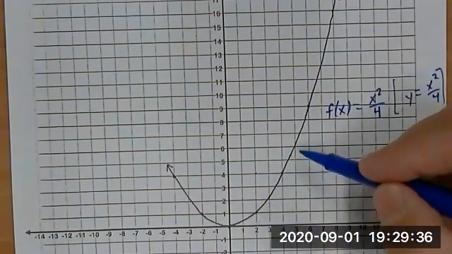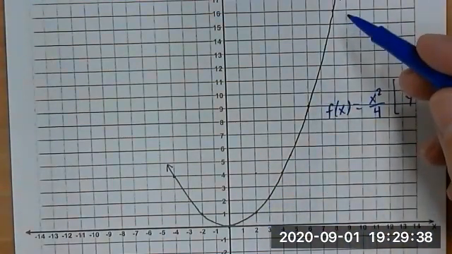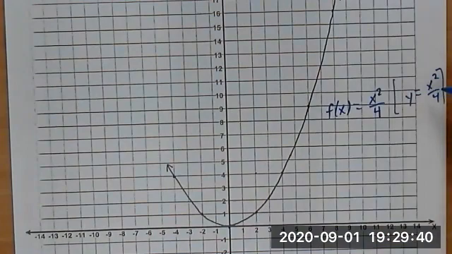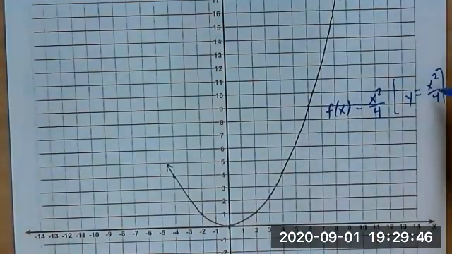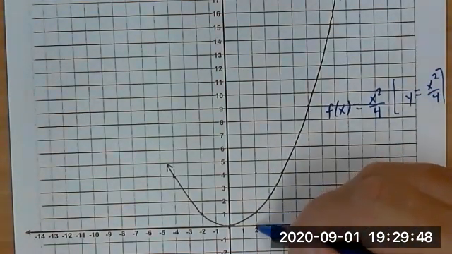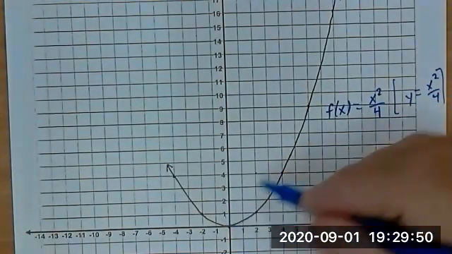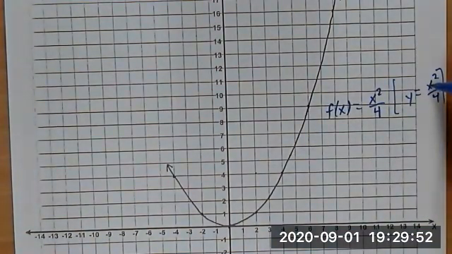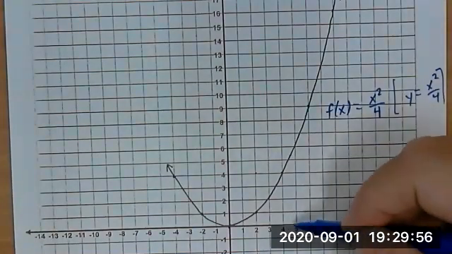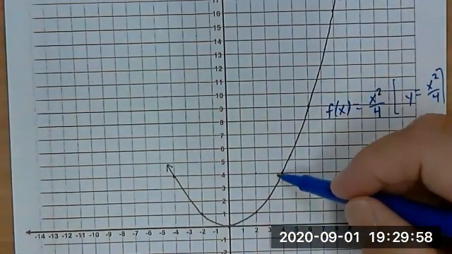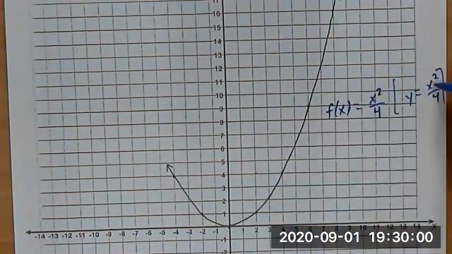So each point on this graph, you could plug in the x and the y in this equation, and it'll work. 0, 0, you plug in 0 for x, 0 for y, it works. Look here, if x is 2, y should be 1. You plug in 2 for x, y is 1. How about when x is 4, y should be 4. You plug in 4 for x, 16 over 4 is 4.